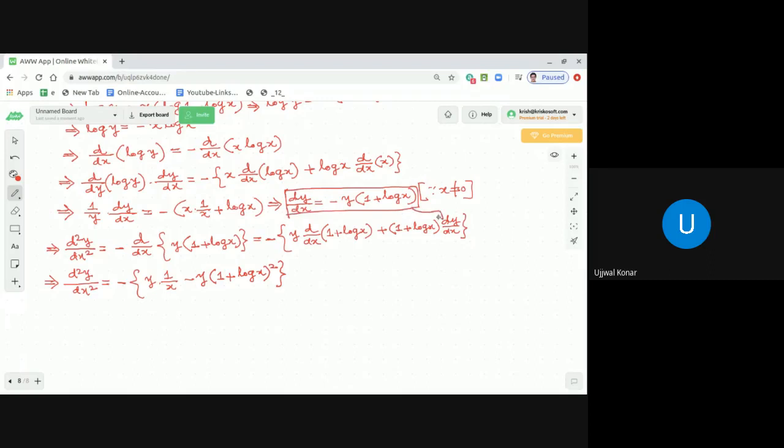Then it becomes minus y into 1 plus log x whole square. Correct?